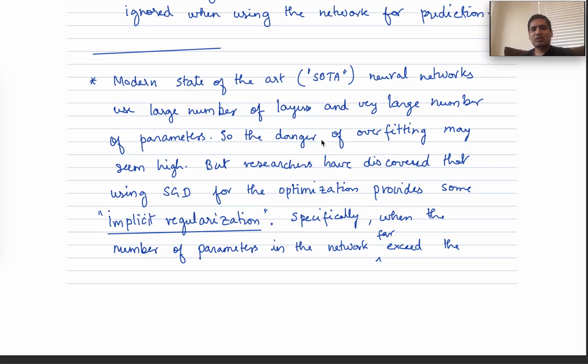So the danger of overfitting may seem high, like we've discussed, and that's kind of motivated some of our discussion so far. But researchers over the last 5, 6 years discovered something remarkable, which is that just using stochastic gradient descent for the optimization provides some implicit regularization. In other words, even though the neural networks could be very messy and overfit, the resulting functions have a certain smoothness to them.